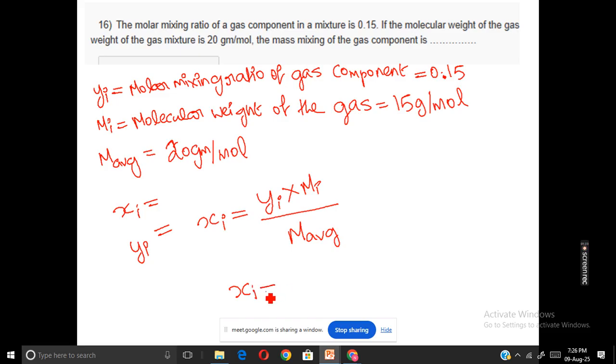So Xi is equal to Yi, which is 0.15, into the molecular weight of the particular gas, 50, divided by the total mass of the gaseous mixture, which is 20 grams. So the mass mixing ratio will be 0.15 into 50 divided by 20.